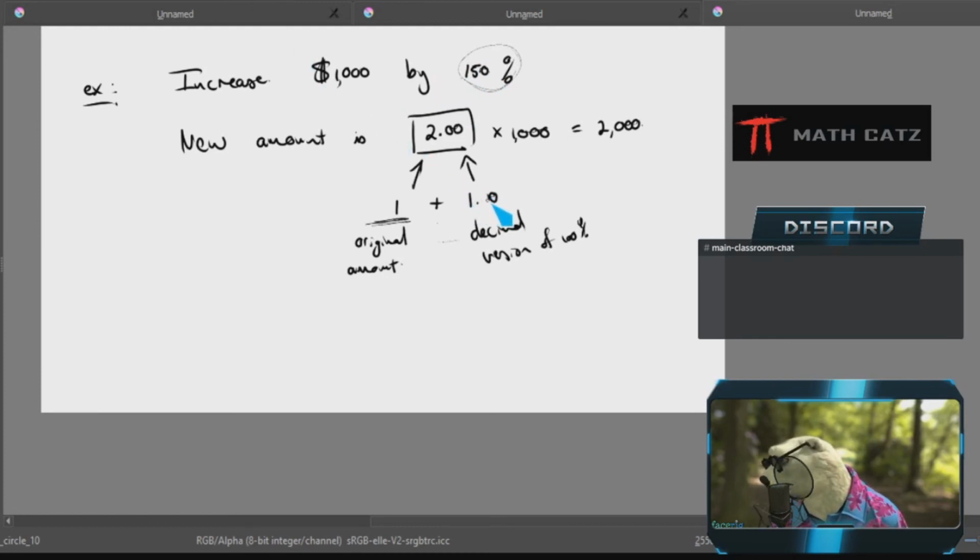The decimal version of the percentage is now 1.5. And therefore, when I put that with the 1, I get 2.5. Obviously, the calculation answer will change to 2,500. But the construction of the calculation, that is the key. It doesn't change.